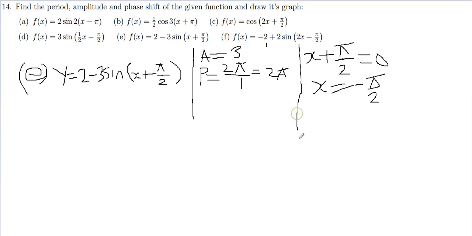Let's now also find the end point. Where is our first cycle going to end? I'm always calling it the end point. So it's starting at negative pi over 2, and then the end point is going to be the period added to the x that you found. Your period is 2 pi.